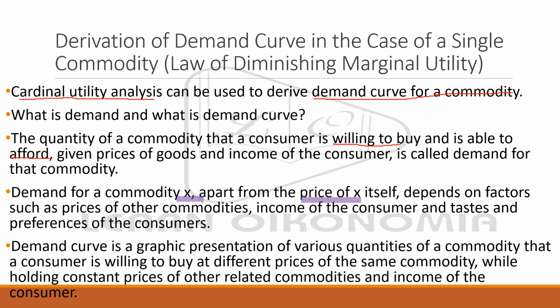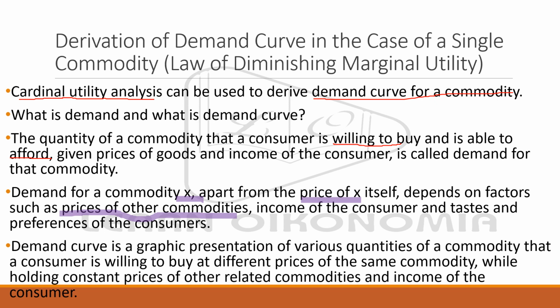The demand for this X would depend upon several factors apart from price. It depends on other factors like the prices of other commodities. For example, if it has some substitute commodities, then demand for X would depend upon the price of the substitutes it has.